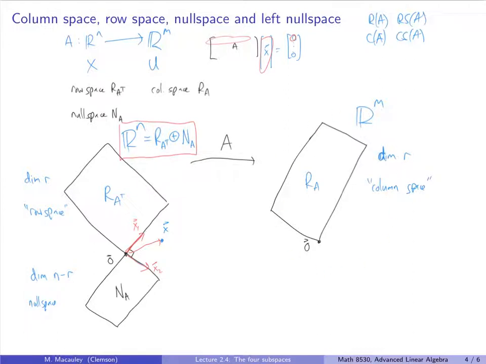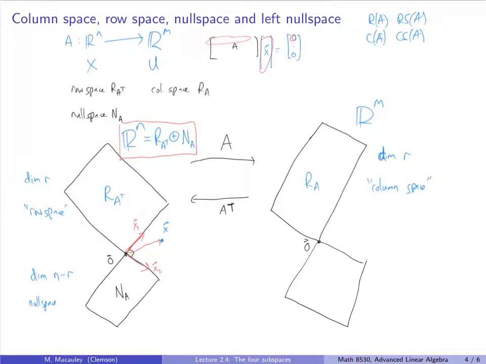Similarly, over here, A transpose goes backwards. Now, these are not inverses. I almost wrote that they were, but A transpose restricted to the column space maps onto the row space bijectively. Since A transpose goes this way, it has a null space, and that is going to be a subspace over here.